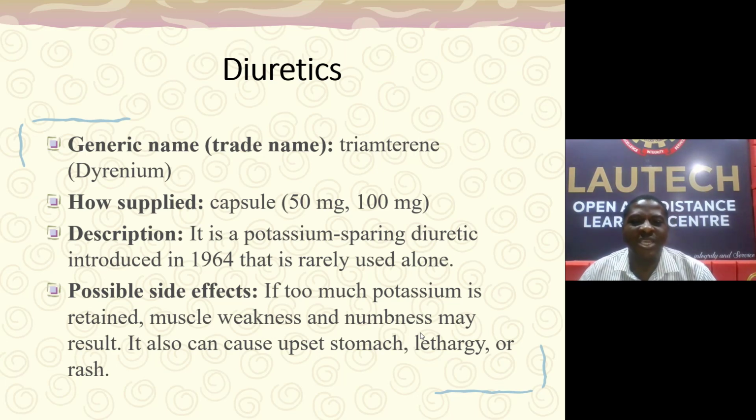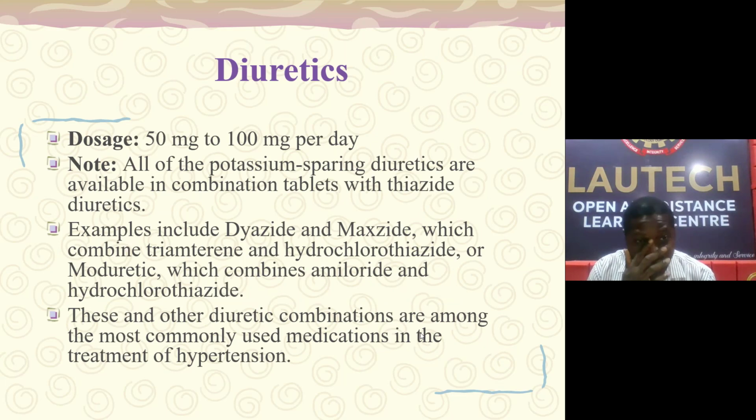Possible side effect: if too much potassium is retained, muscle weakness and numbness may result. It can cause upset stomach, lethargy and rash. The dosage is 50 to 100 milligram per day. Note, all of the potassium sparing diuretics are available in combination tablets with thiazide diuretics.